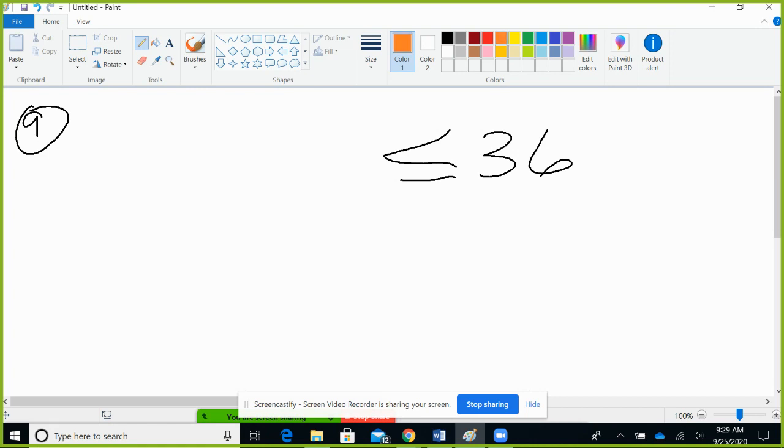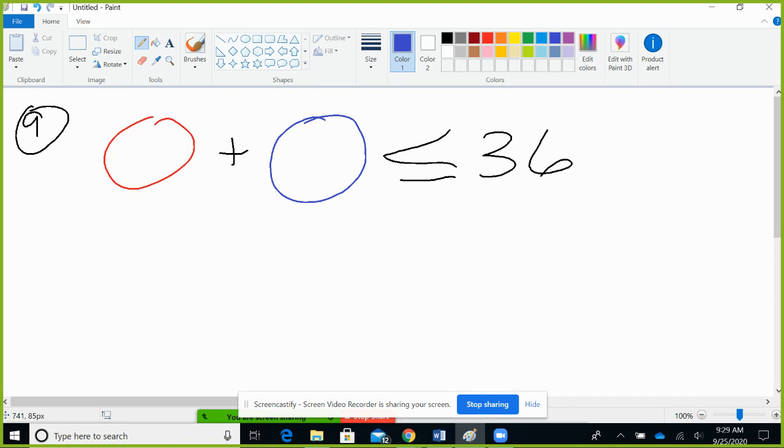So I have a bag of red marbles plus a bag of blue marbles, and that is less than or equal to 36. All right, so I got the first part of my problem drawn out right here in nice colors.